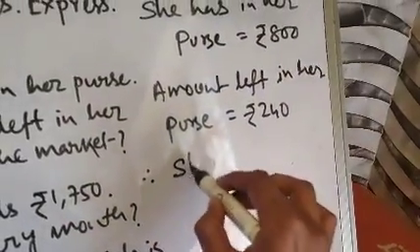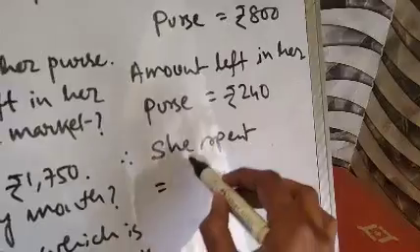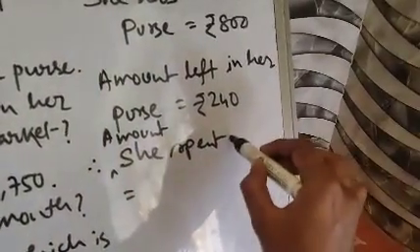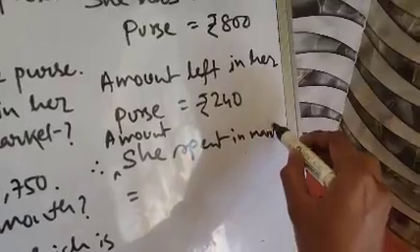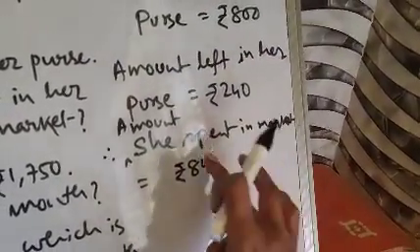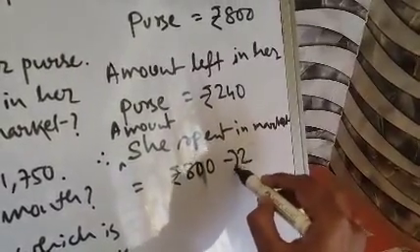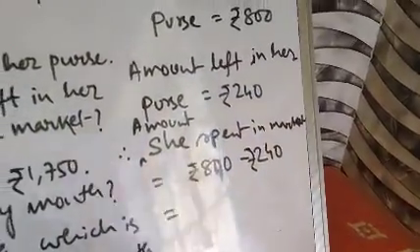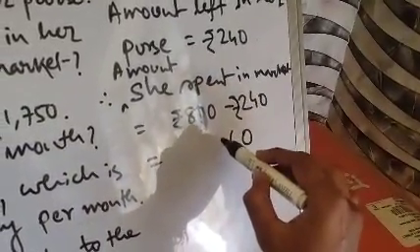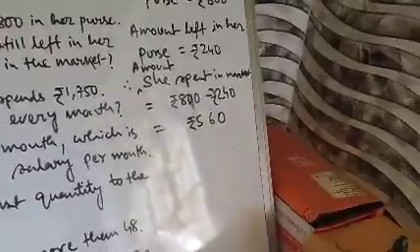Therefore, the amount she spent in market will be 800 rupees minus 240 rupees. So 560 rupees she spent in the market.